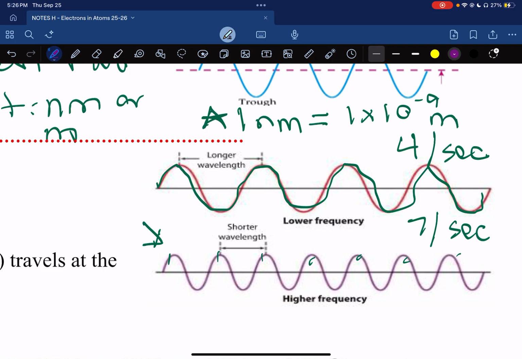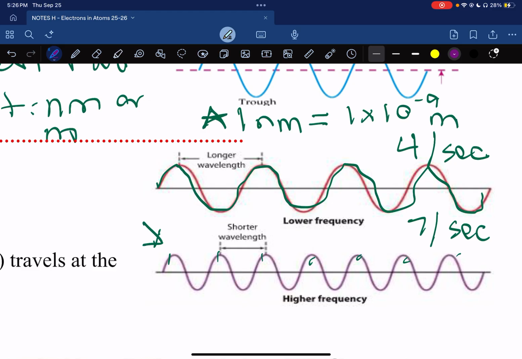We already know that a longer wavelength is associated with lower energy, and a shorter wavelength with higher energy, because they have an inverse relationship. So a longer wavelength is associated with a lower frequency, and therefore that lower frequency must be associated with lower energy.